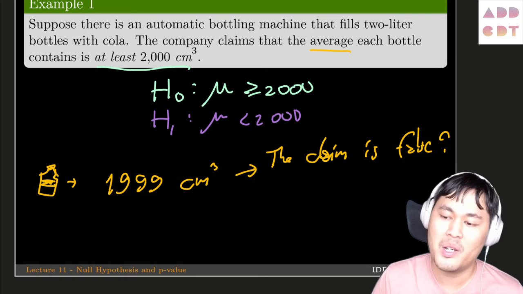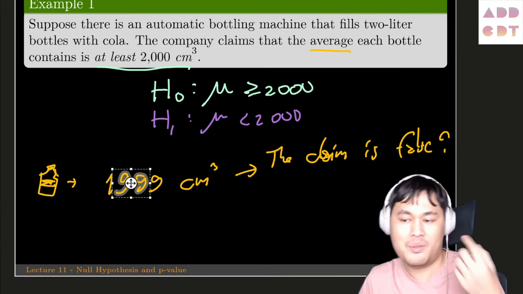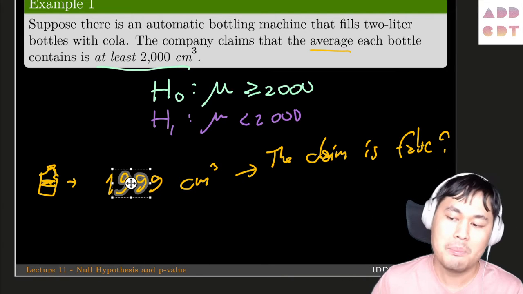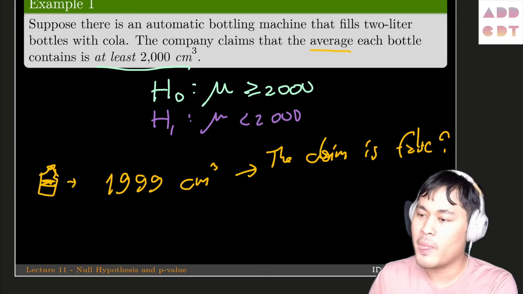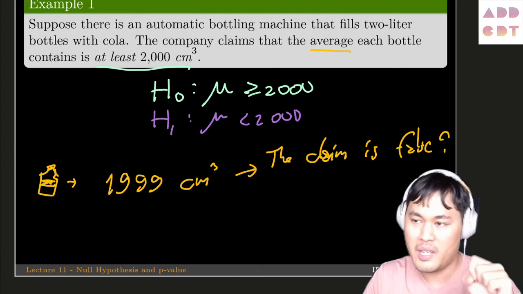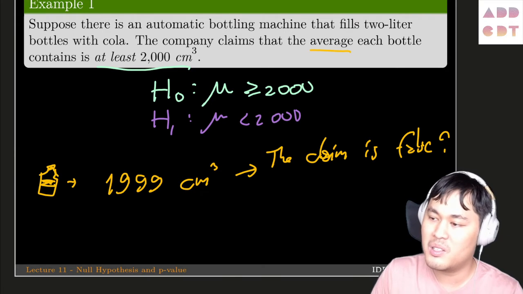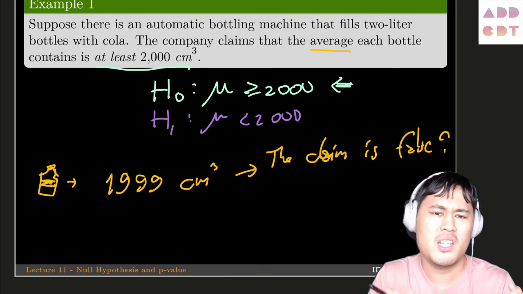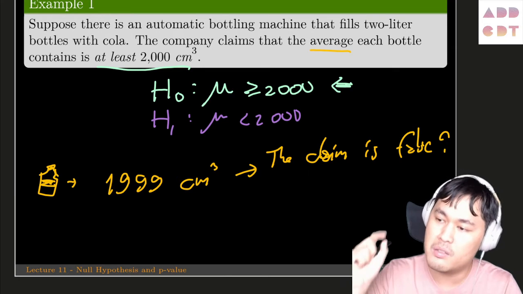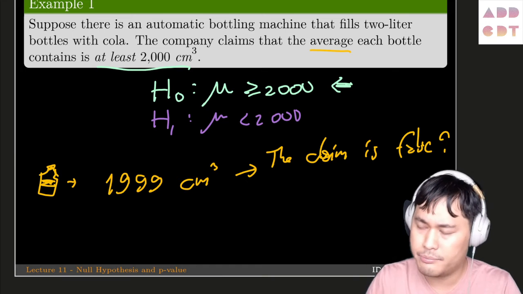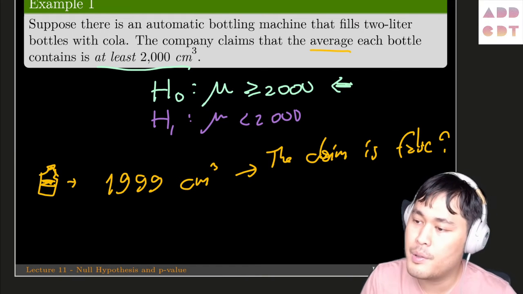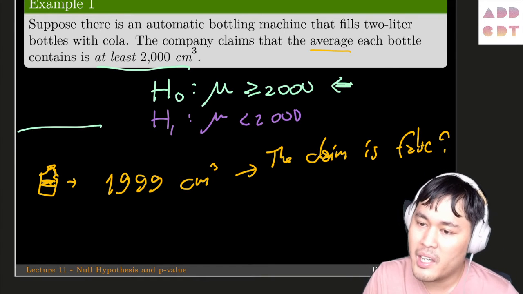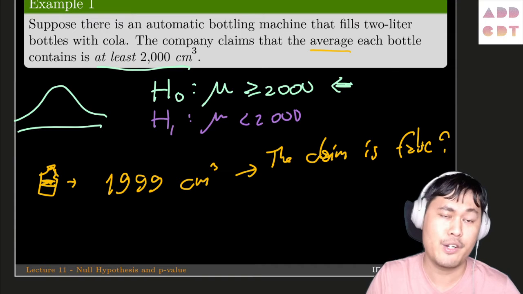Of course, you want to say, look at this one, it's a single counterexample, so your claim must be false. But if you remember from what we have done so far, even though the machine is pretty precise on the volume of soda it puts in the bottle, we're always going to have this kind of curve.